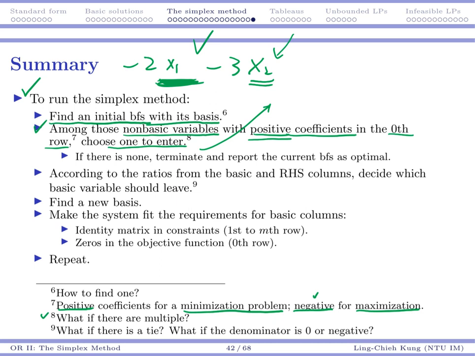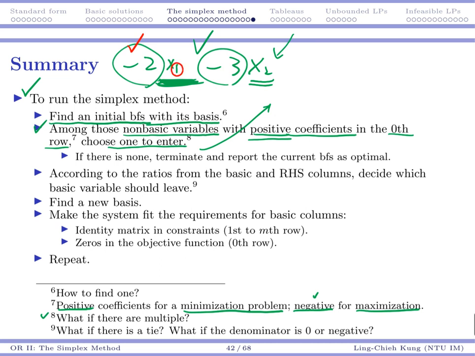The reason cannot be told at this moment, but anyway, being able to select one variable to enter when you have multiple candidates is an important issue. And if you don't want to learn more, I would suggest you just pick the one with the correct sign and the smallest index.